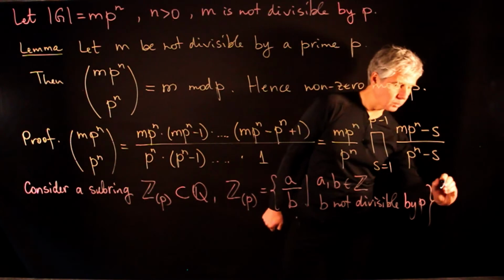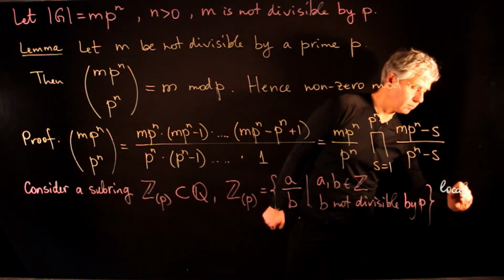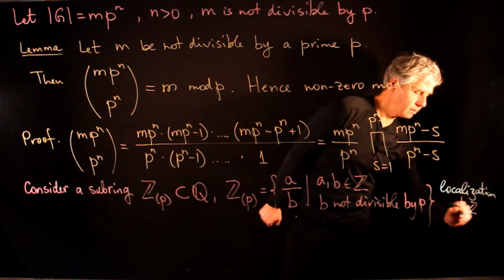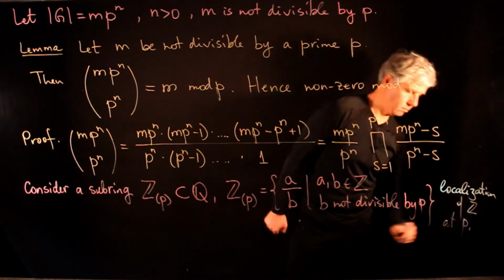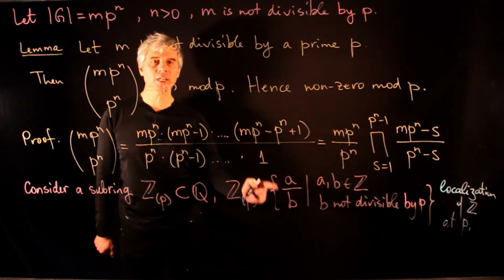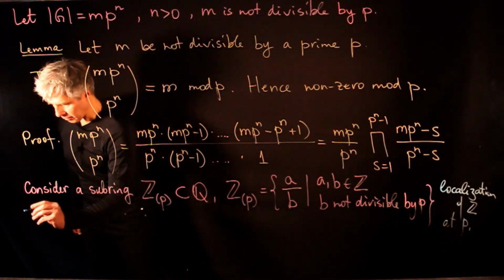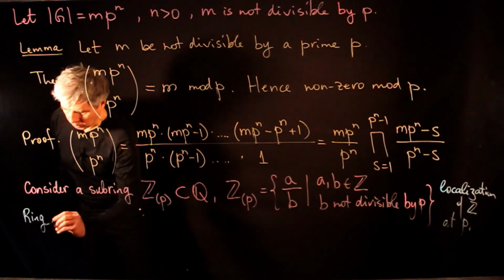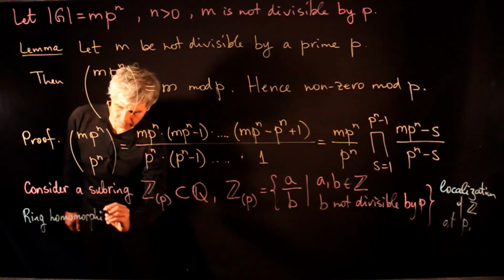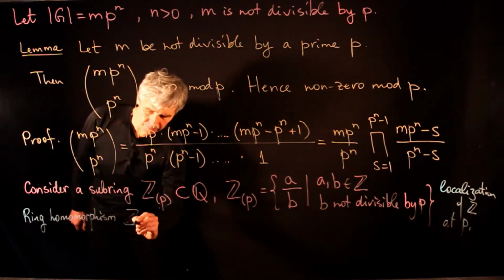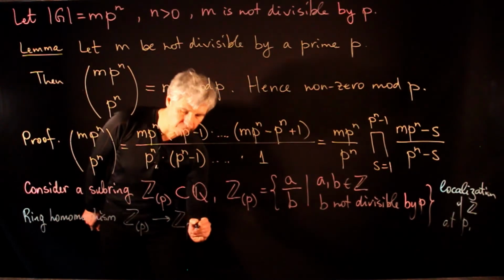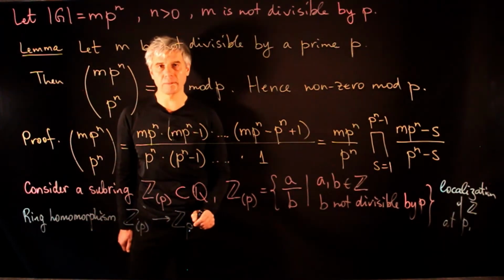And this subring is called the localization of Z at p. The nice thing about this subring is that here we can take remainders of fractions mod p. And thus we have a ring homomorphism from Z localized at p to Z_p, the finite field of p elements.